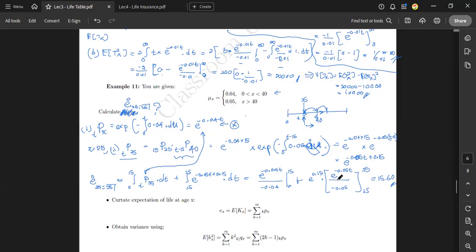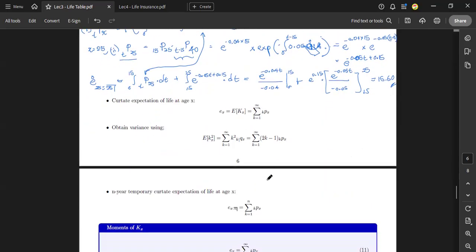So now you can see, though we have the assumption of constant force of mortality, we still need to do some integration by considering the ranges of the force of mortality function if it is a step function.